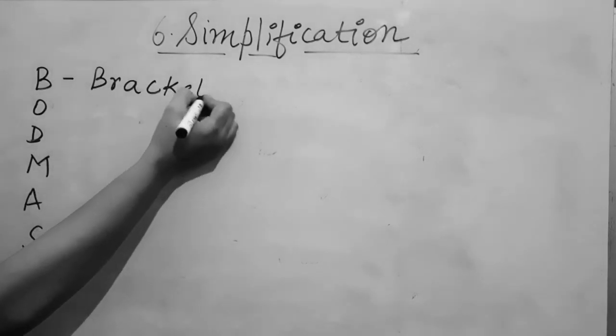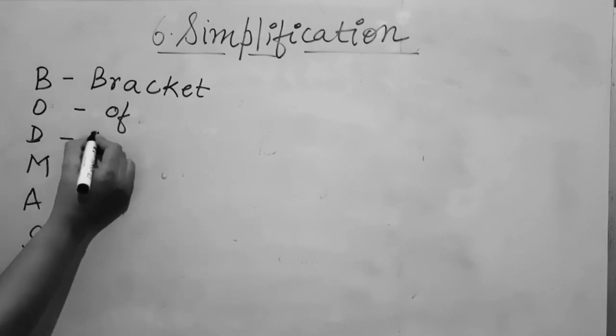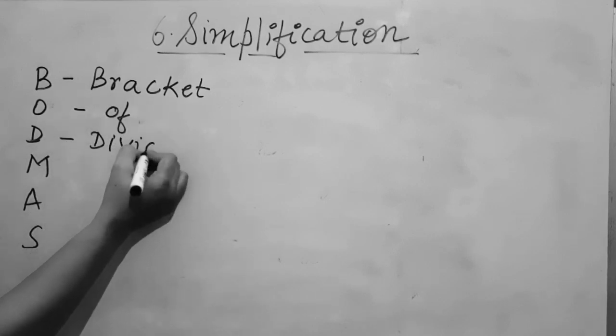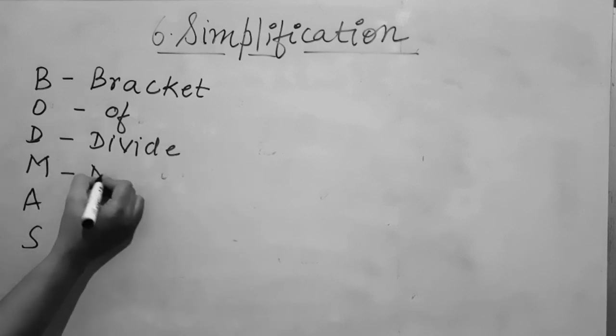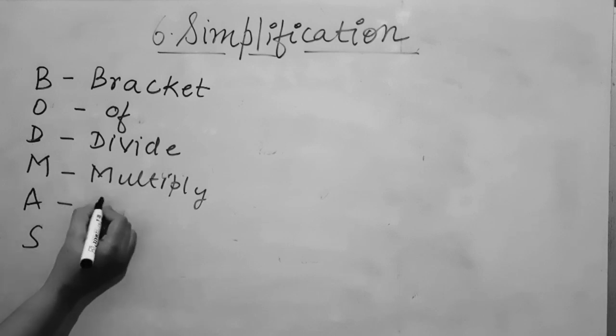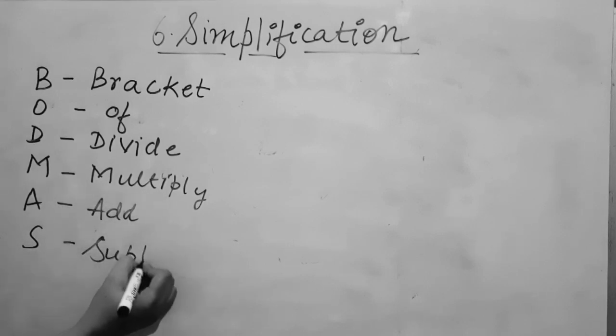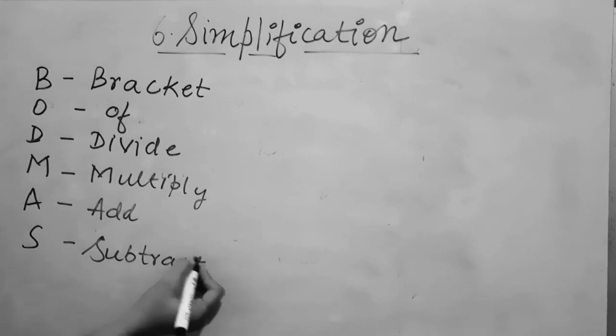B here means bracket. O means of. D means divide. M means multiply. A means add. And S here means subtract. Okay.